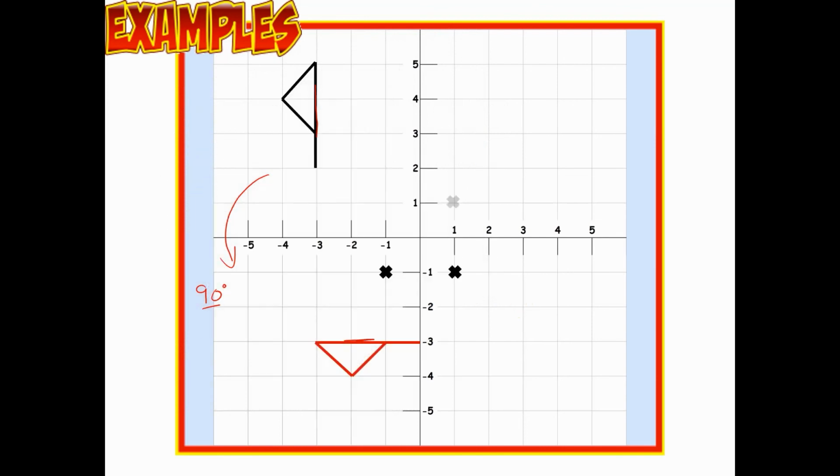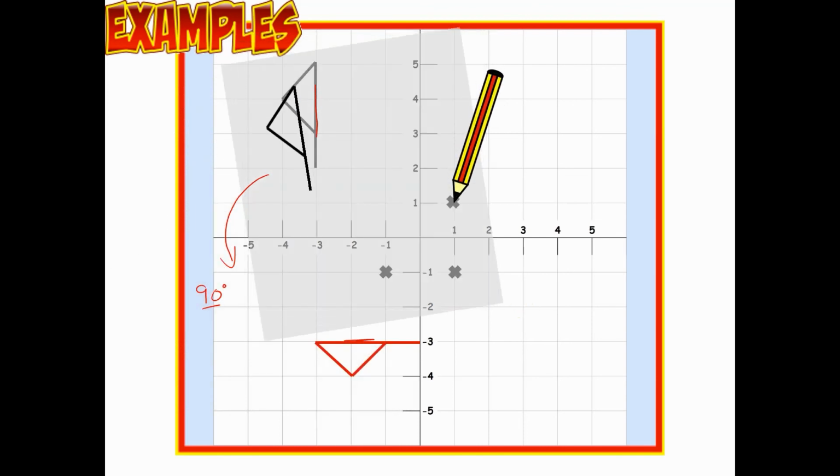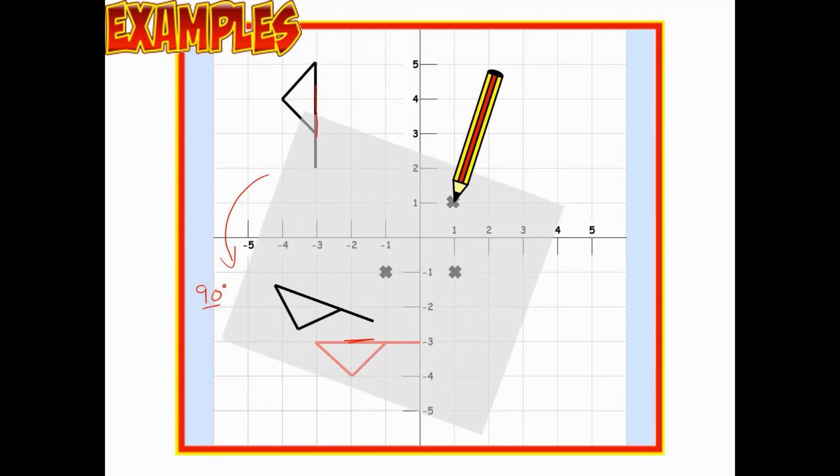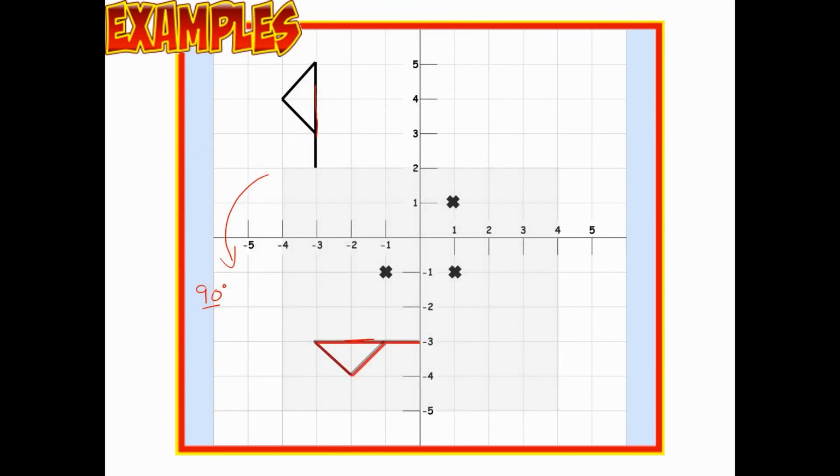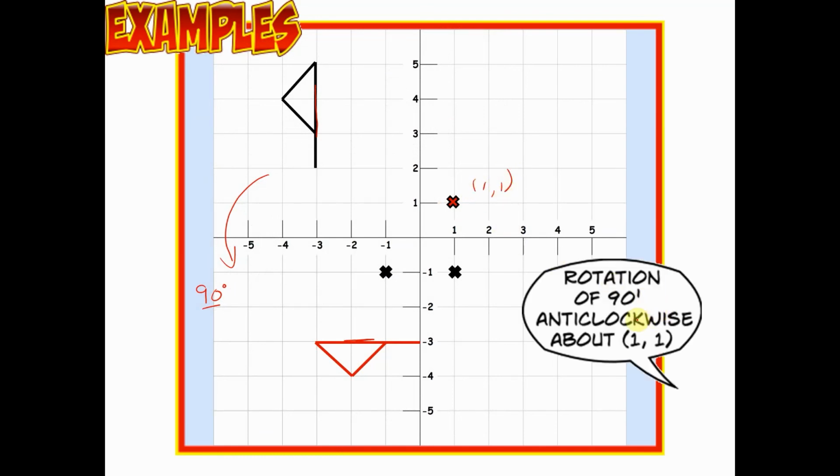We continue by taking several points, and in this case it is this point, okay. So that is the point of rotation, which is 1, 1, okay. So to describe the transformation, we have to write rotation of 90 degrees, okay, anti-clockwise about 1, 1, okay.